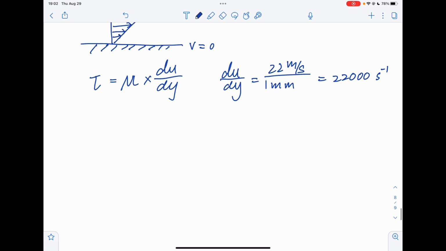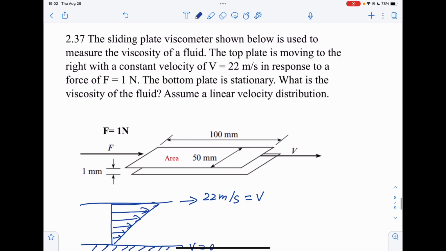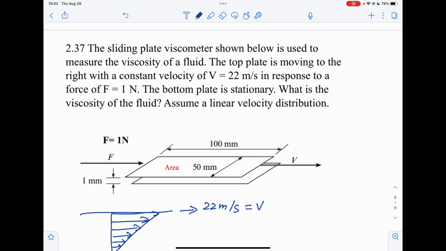And now we need to find tau to calculate mu. Tau is also equal to F over A here. So let's go back and look at the dimensions of the plate, which is 50 millimeters wide and 100 millimeters long.